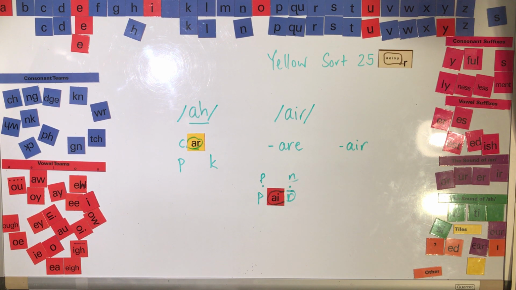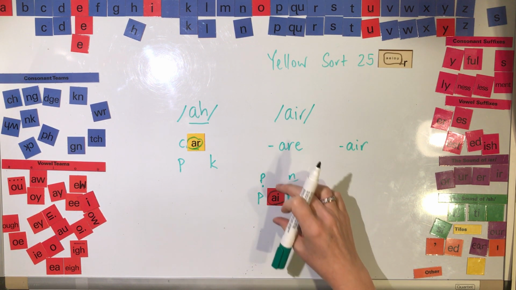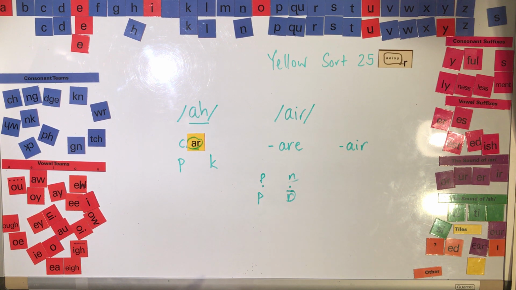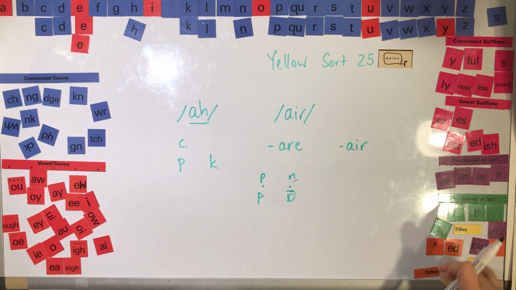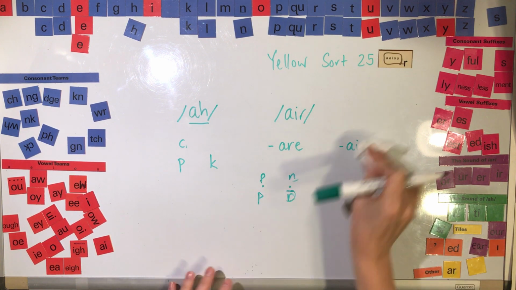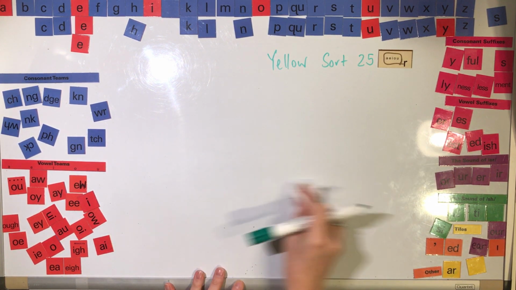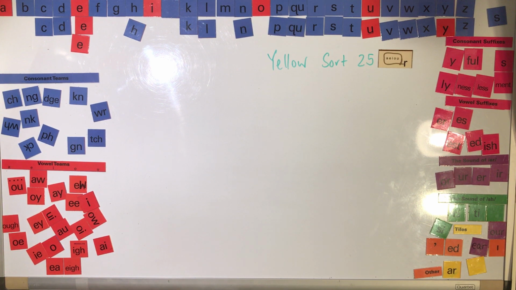Okay, so we're going to now get on with our sort and see how we can break these words. And we're also going to spend a little bit of time talking about the oddballs because they're quite interesting today. Okay, so we've got our title, it is blue.